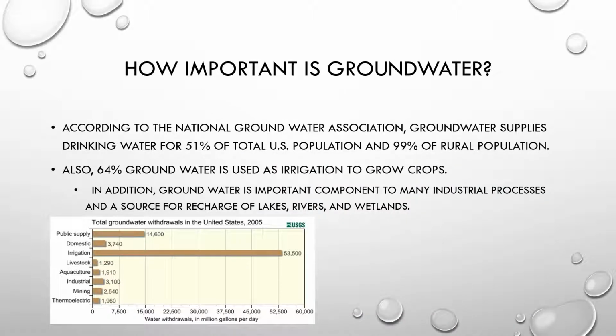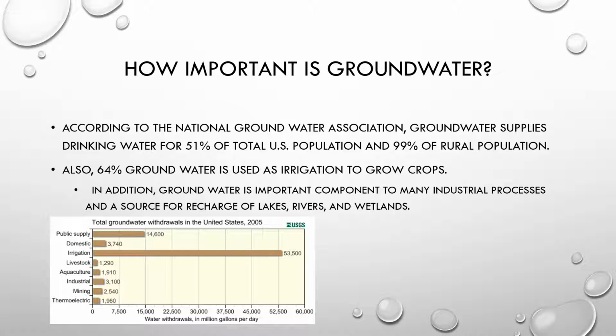So what's the deal with groundwater? Why should you be concerned about it, and how important is it really? Well, according to the National Groundwater Association, groundwater supplies drinking water for a little more than half the total US population, and 99% of that is rural population. In addition, 64% of groundwater is used as irrigation to grow our crops.